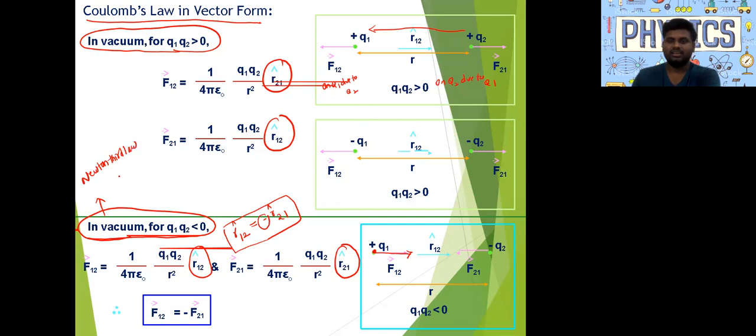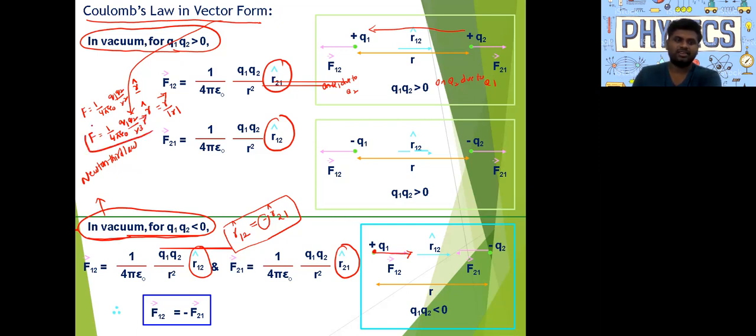And here, how do we write it in vector form? We know the force is 1 by 4 pi epsilon naught Q1 Q2 by R square into R cap. Generally, R cap is the direction. To convert it to vector form, R cap is written as R bar by its magnitude. Then F is equal to 1 by 4 pi epsilon naught Q1 Q2 by R cube R bar.